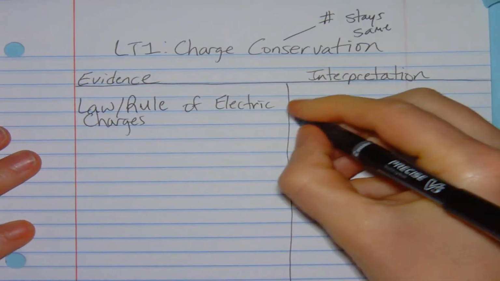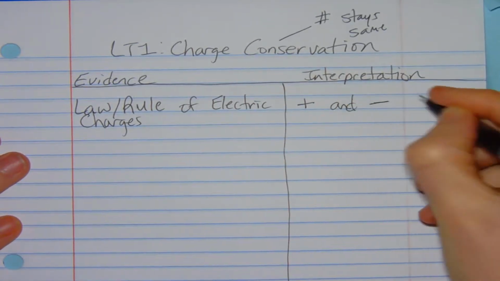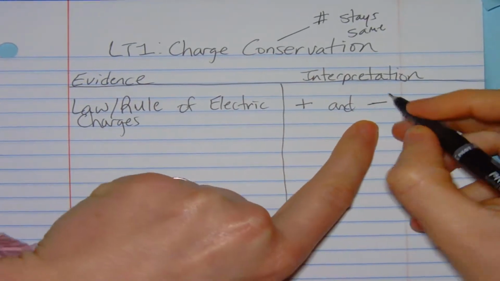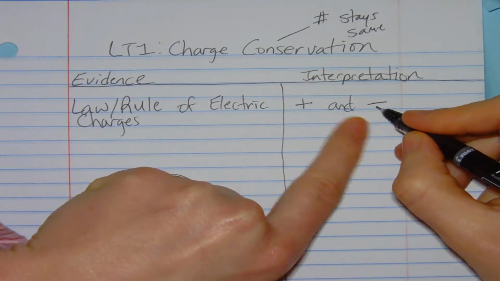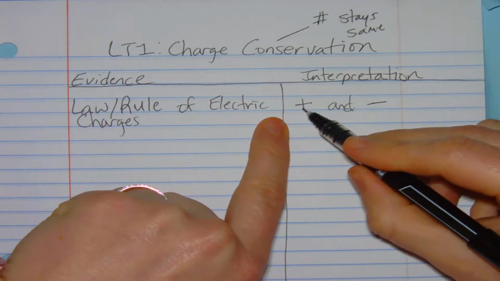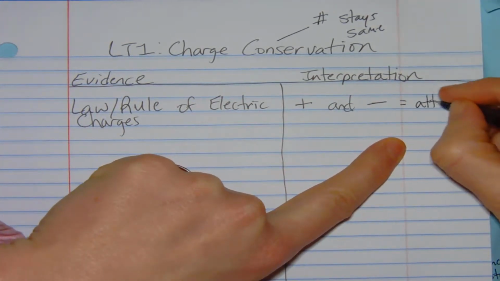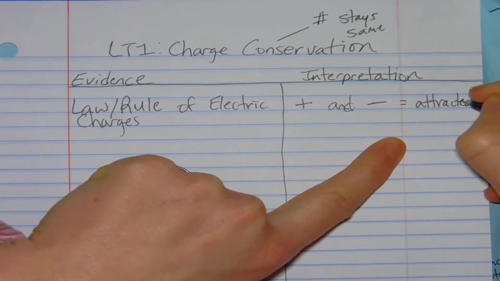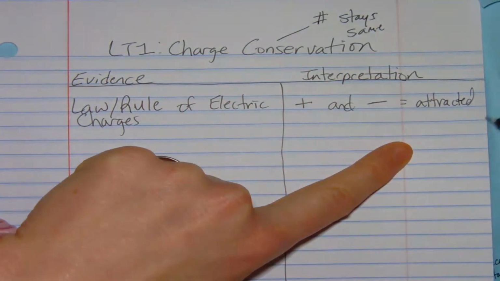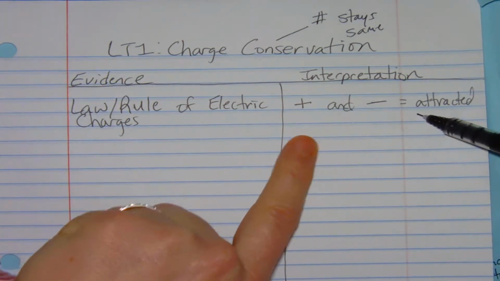says something like this. If you have oppositely charged objects, one positive, one negative, like a proton and an electron, these two things will be attracted to each other. I always joke about the cheesy Hallmark movies where opposites always attract and everybody lives happily ever after.